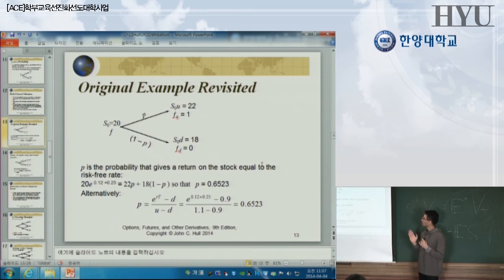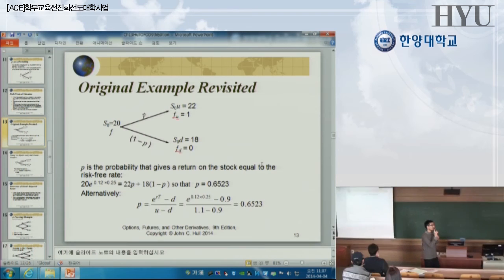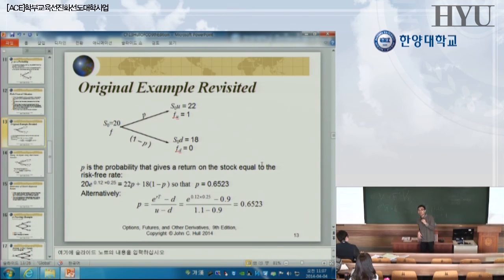What is the probability of going up in the real world we are living in now? The answer is that it doesn't matter in our derivative pricing. If the real probability doesn't matter, it means the expected return of the stock doesn't matter, because if we calculate the expected value with that real probability, that will give us the expected stock return.